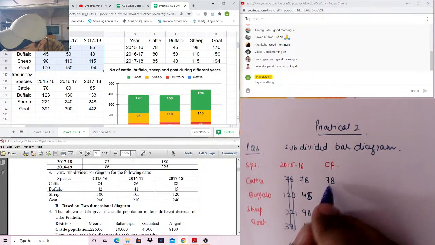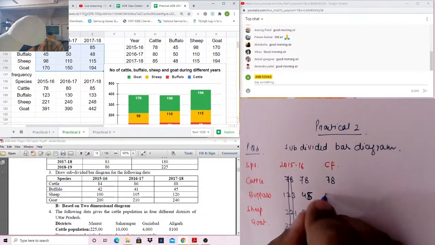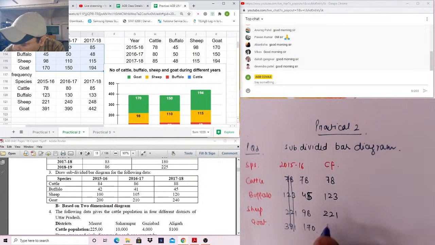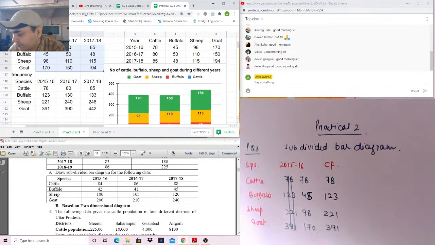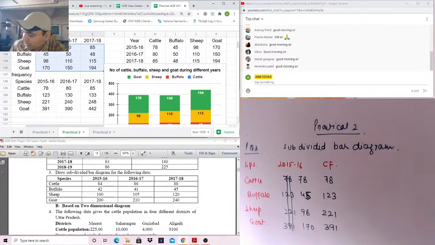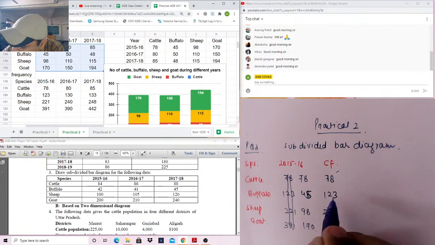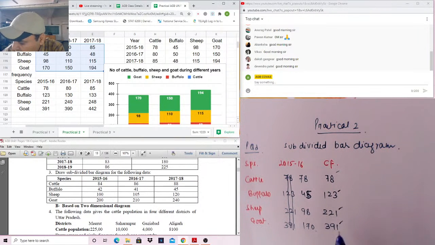So 78 plus 45 is 123. Then 123 plus 98 is 221, and then 221 plus 170 comes out to be 390. Okay, so in the subdivided bar diagram, our first bar will go up to 78, then up to 123, then up to 221, and then 390.